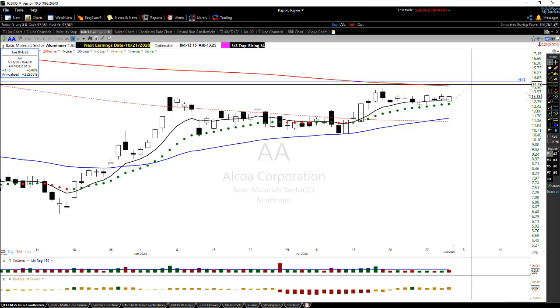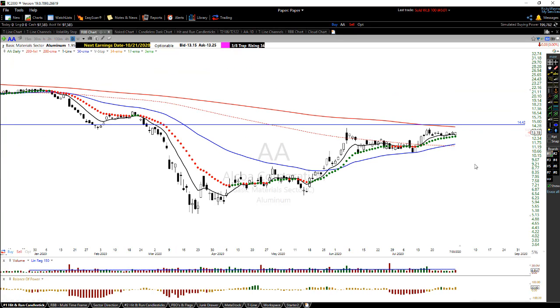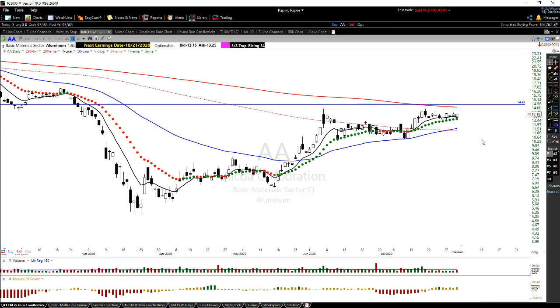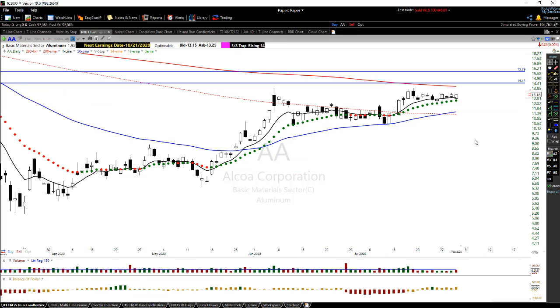So it doesn't meet 100% of the rounded bottom breakout criteria, but it is between the 50 and the 200, and that is one of the pieces to this strategy. I also think if it starts to move here, we could get to 14.40 and possibly 15.80 on a breakout of that 200-day simple moving average. So that's why I'm looking at this.